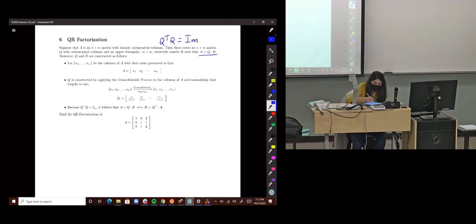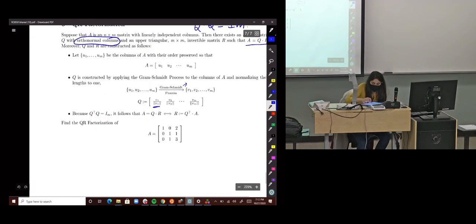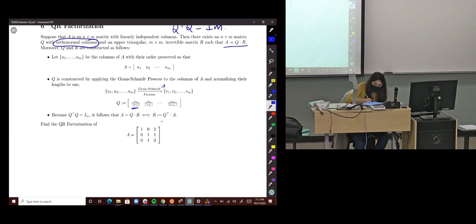The way to do that is we build Q such that all the columns of Q are given from the Gram-Schmidt process, further by normalizing them. So each column of Q is orthonormal, and from that we can also find out R.